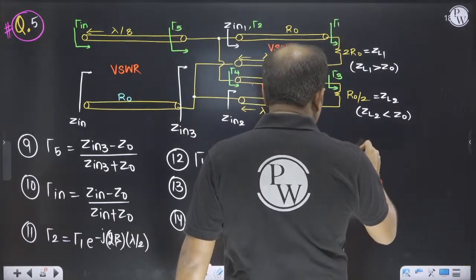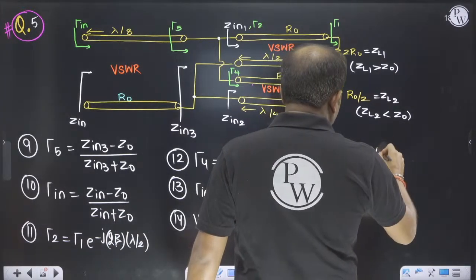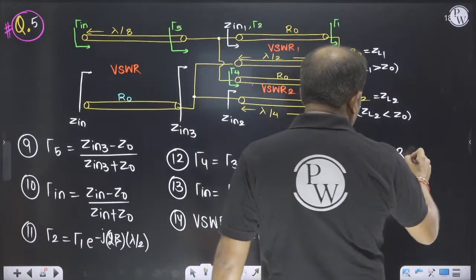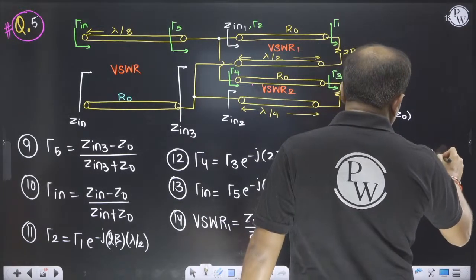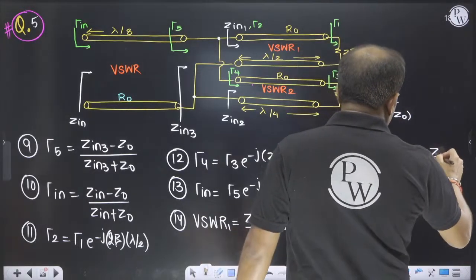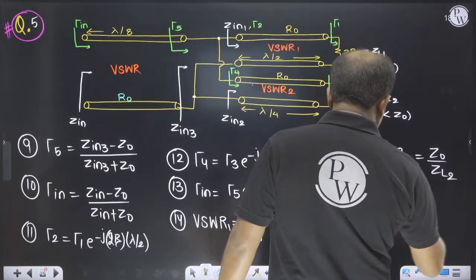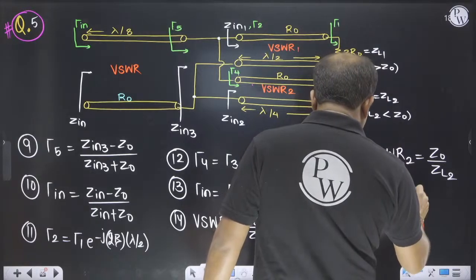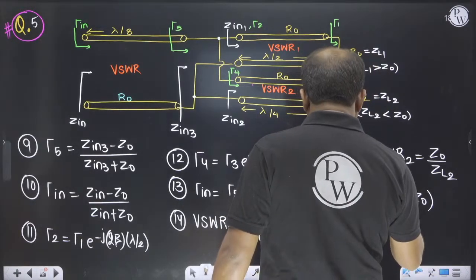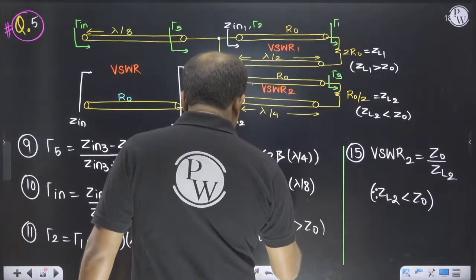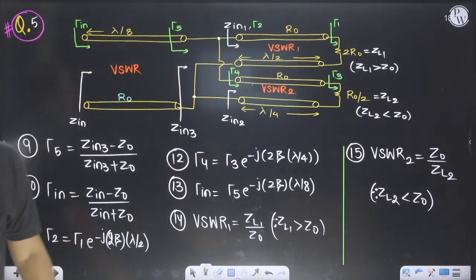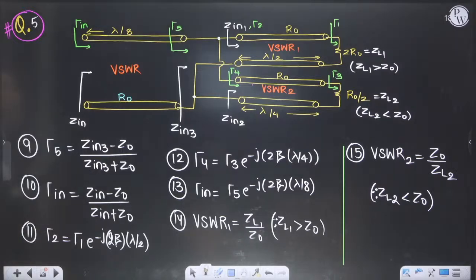VSWR 2 will be Z naught upon ZL2. Why? Because ZL2 is less than Z naught. So this is the formula for VSWR.